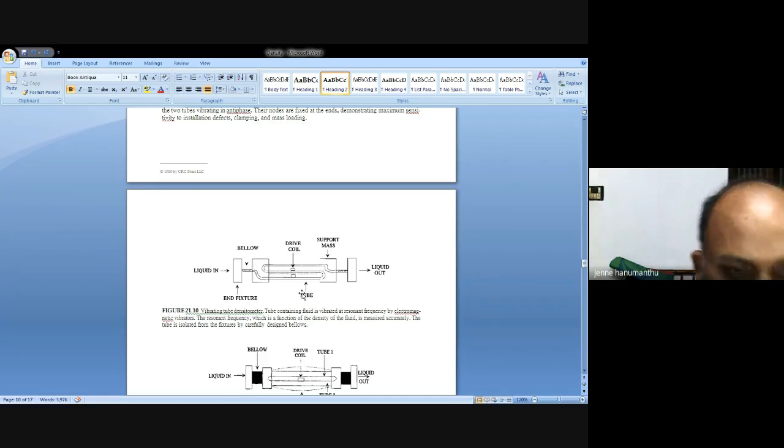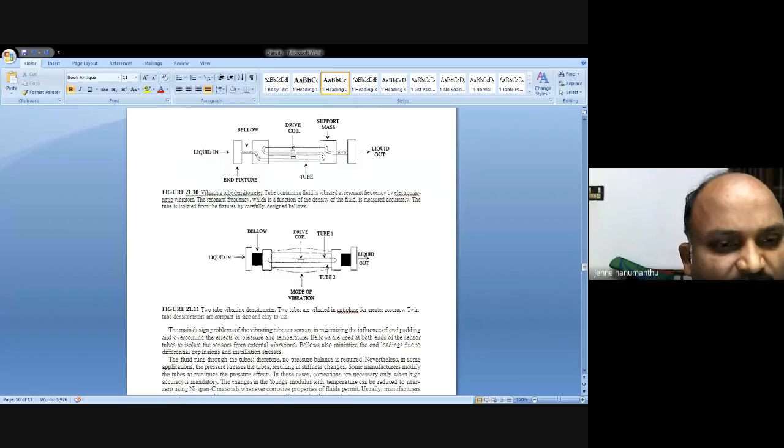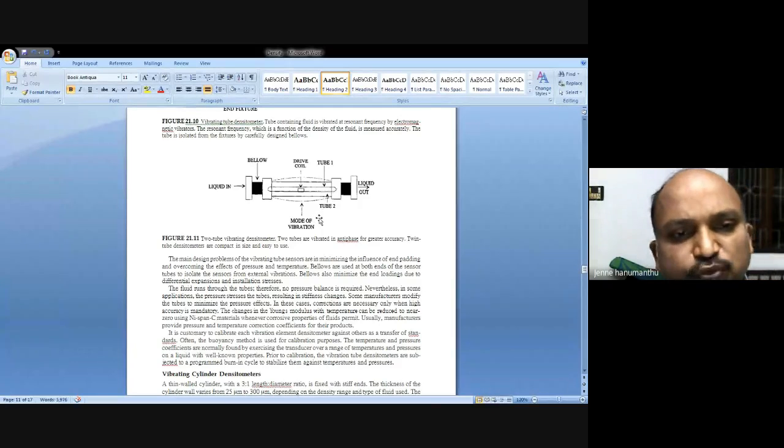That voltage is proportional to the unknown liquid density. This is the mode of vibration. When the liquid is inlet, it is going to be vibrated in the tube. When it is vibrating, we have some signals, and the amplitude we have to measure.